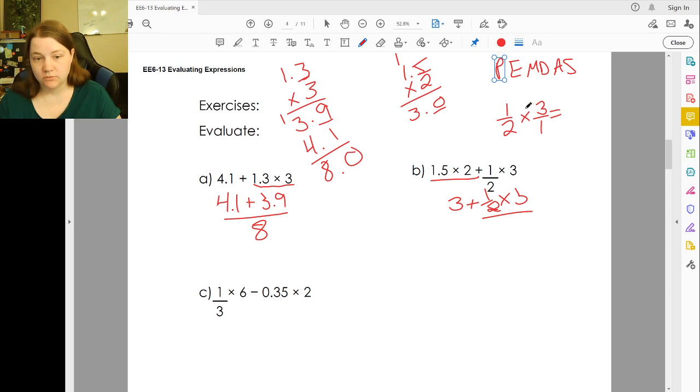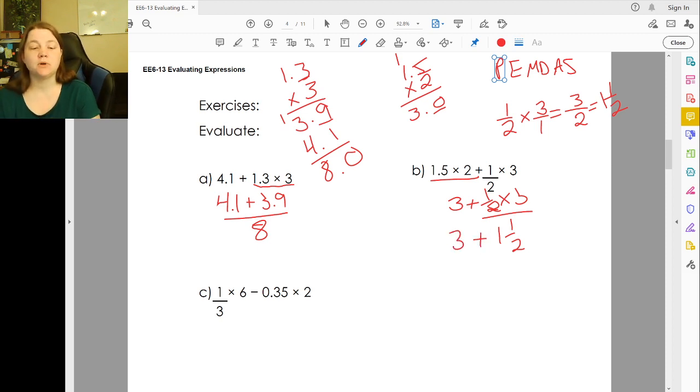Multiply the numerators. 1 times 3 is 3. Multiply the denominators. 2 times 1 is 2. That becomes 3/2, or 1 1/2. Write down everything I didn't touch before. 3 wholes plus 1 whole and 1/2 makes 4 wholes total and a half. All done.